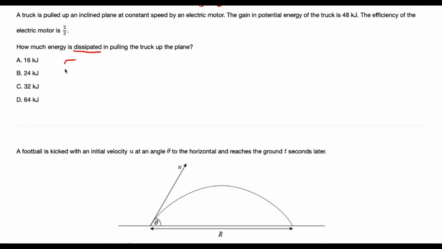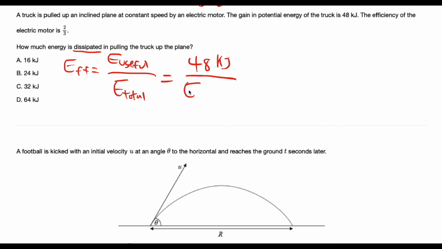So we know efficiency is equal to useful energy over total energy. The gain in potential energy is equal to 48 kilojoules. The total energy we don't really know, but we know the efficiency is equal to 2/3.